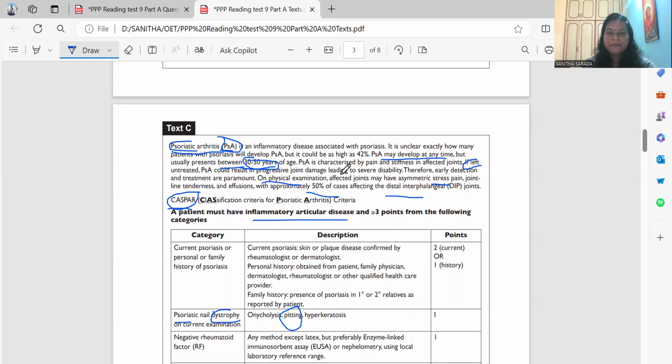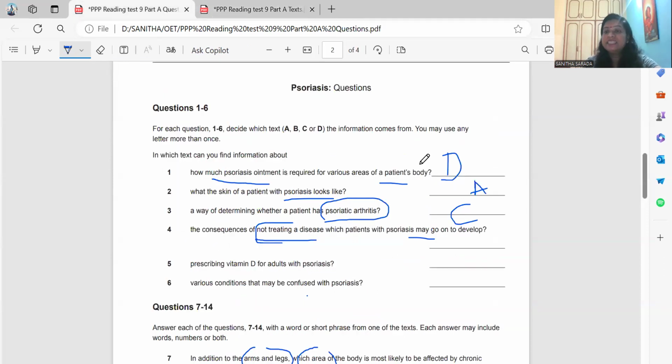See here, PsA is characterized by pain and stiffness in affected joints. If left untreated, PsA could result in progressive joint damage leading to severe disability. So the answer is in part C.